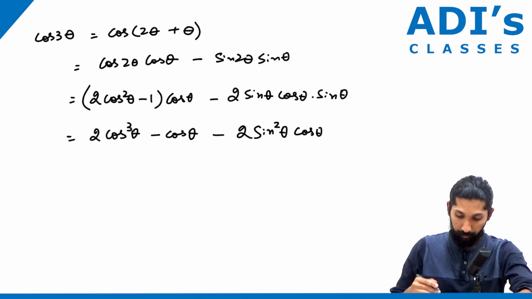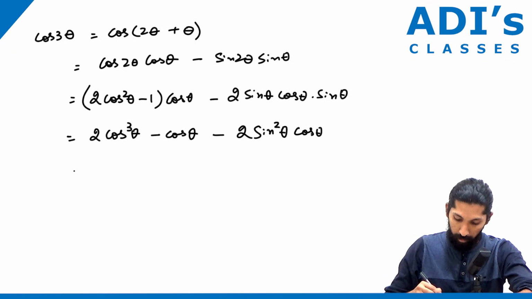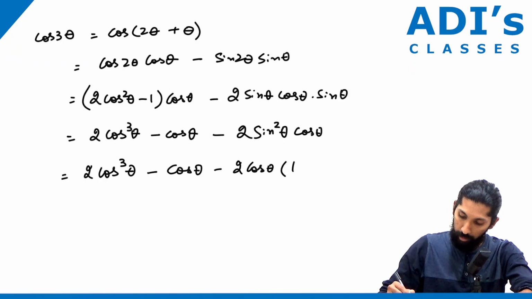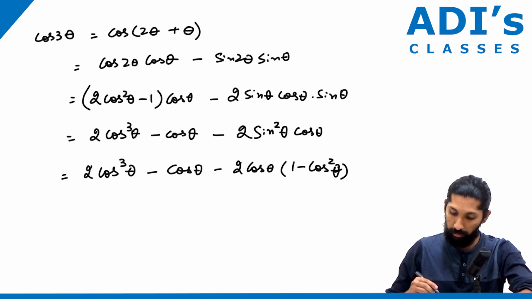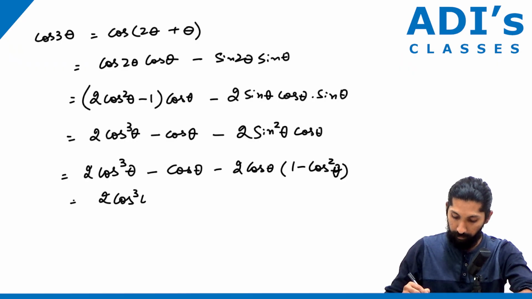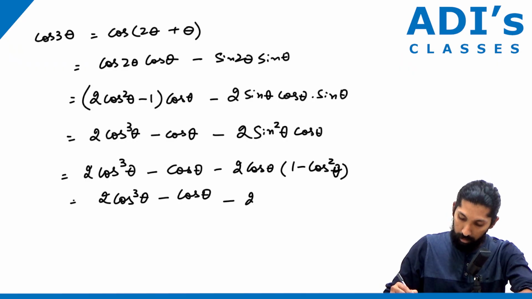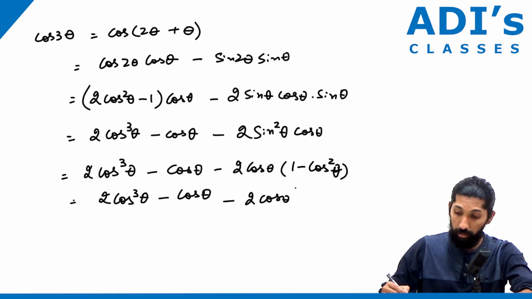Here you are going to have 2 cos cube theta minus cos theta minus 2 cos theta into 1 minus cos square theta. So 2 cos cube theta minus cos theta minus 2 cos theta plus 2 cos cube theta.